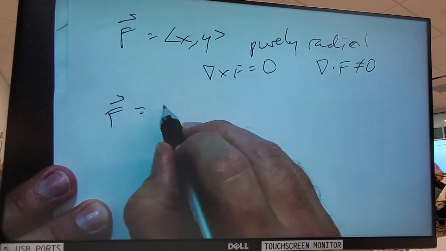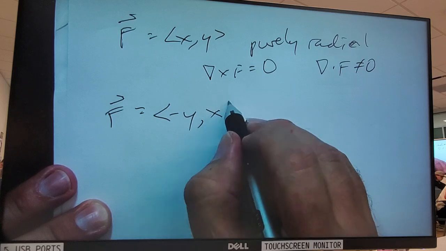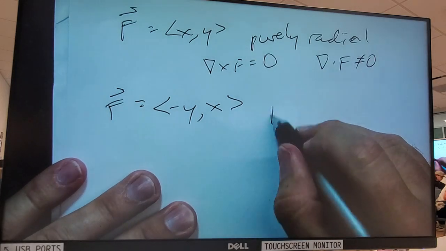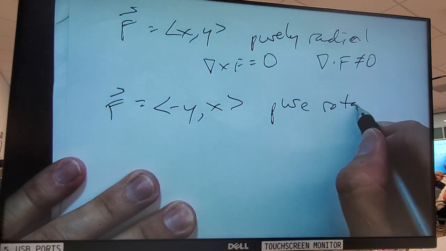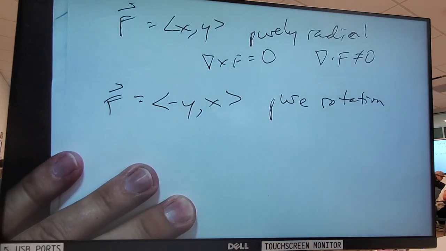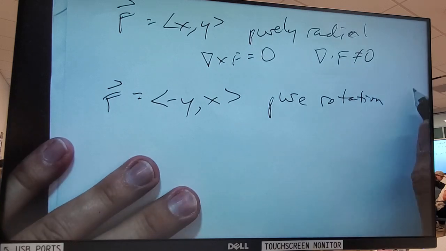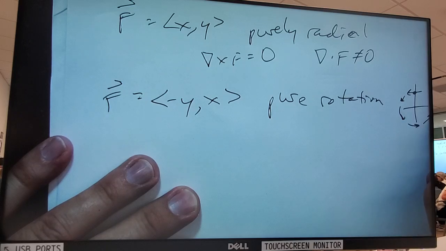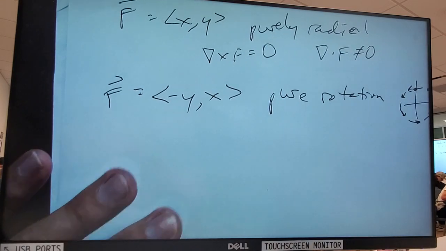This vector field, I think we graphed something like that together once, is purely rotational. No aspect of it. If I am born here, I will stay on this circle forever. You see what I mean?